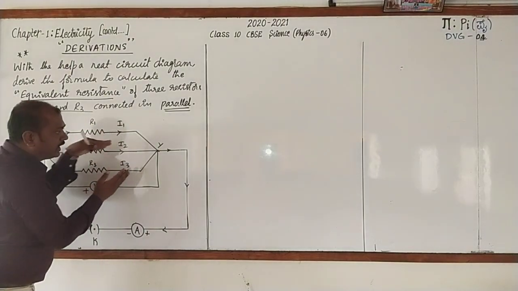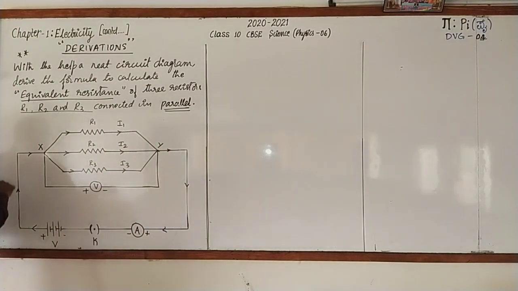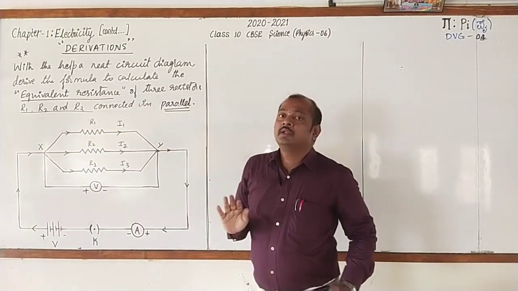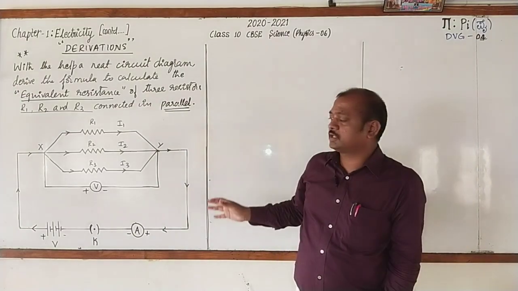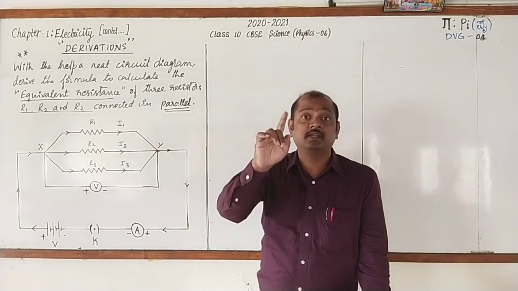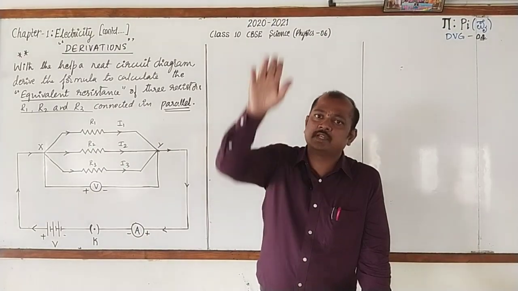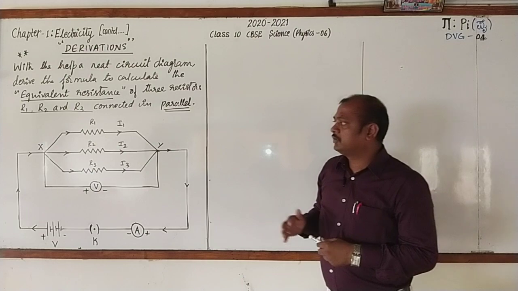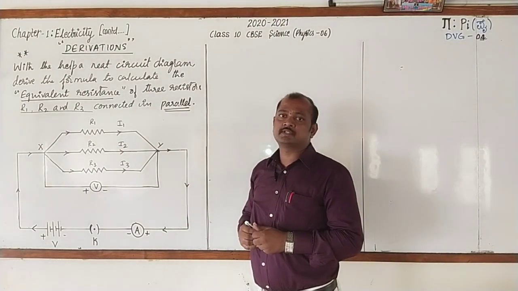Then after that, they recombine at point Y, then again they start flowing in the entire circuit. Clear? Then what will be the effective resistance of the entire circuit when the resistors are connected in parallel? Whether it increases or decreases? Obviously it decreases.